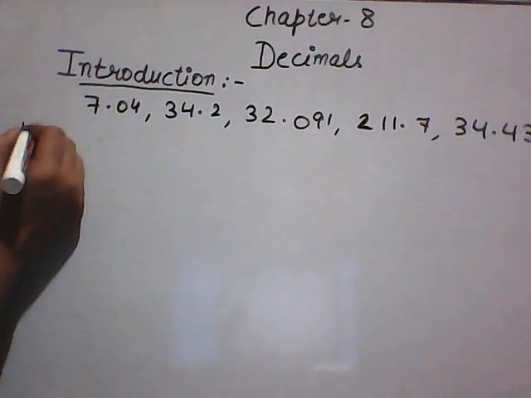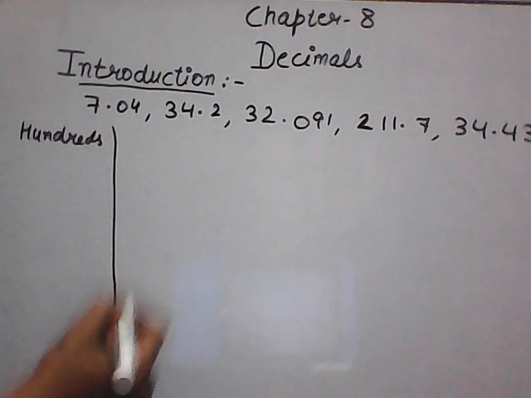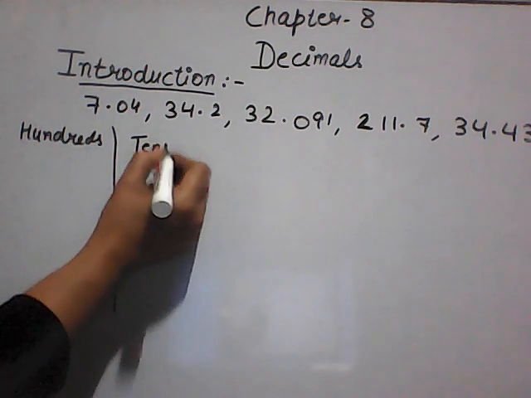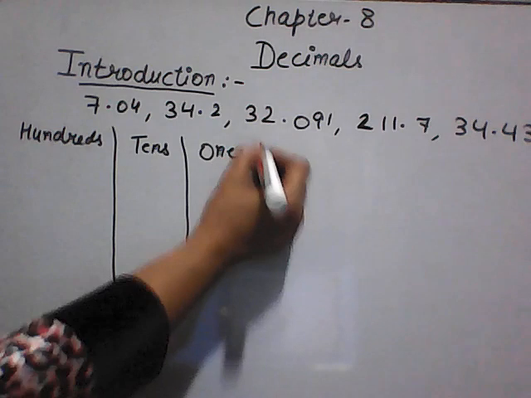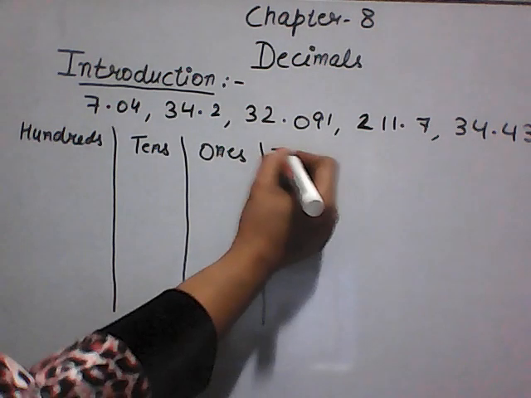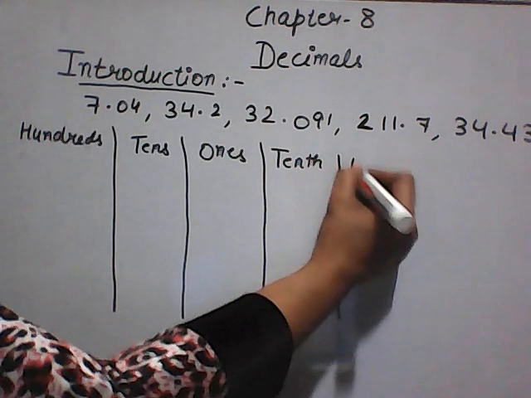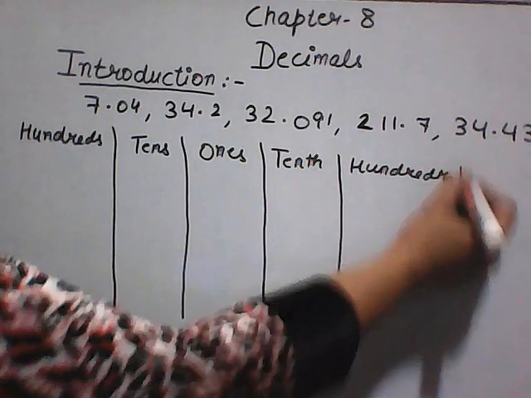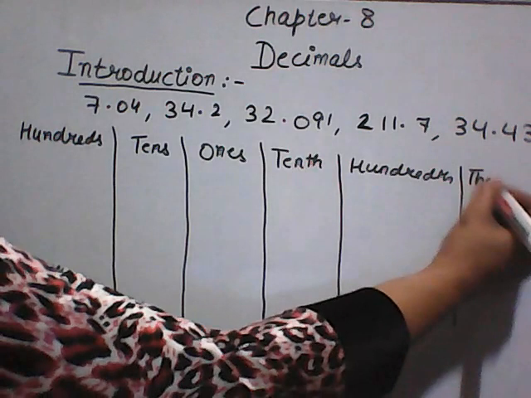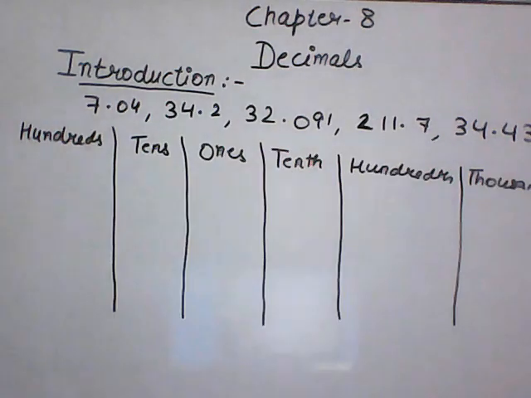So it is hundreds. It is tens. It is ones. After the decimal point we have place values tenth, after that hundredth, after that thousandth. Now you have to place these decimals in this place value chart.